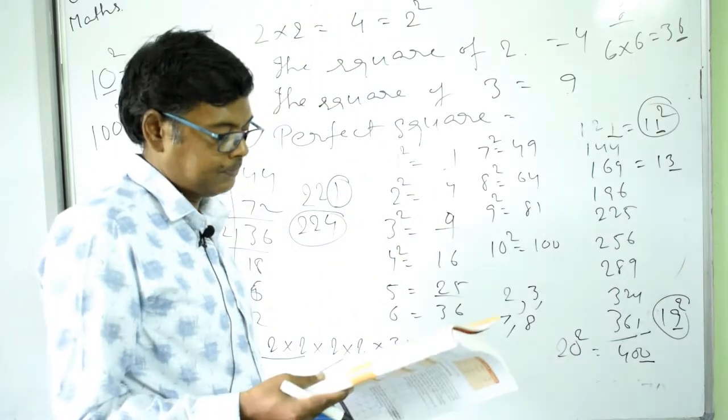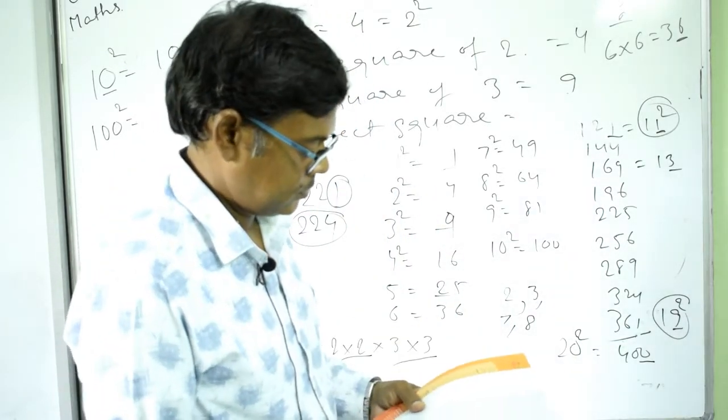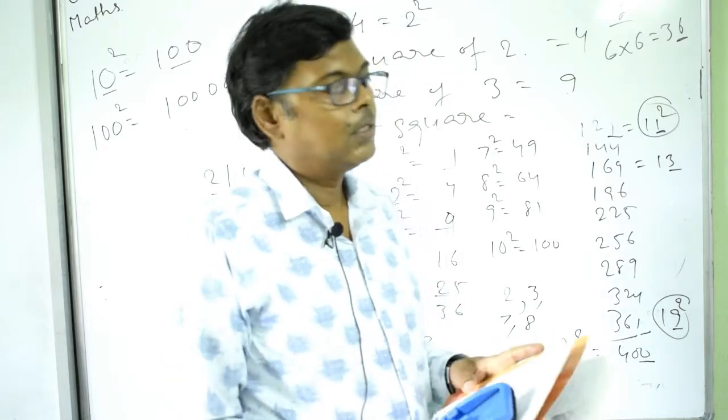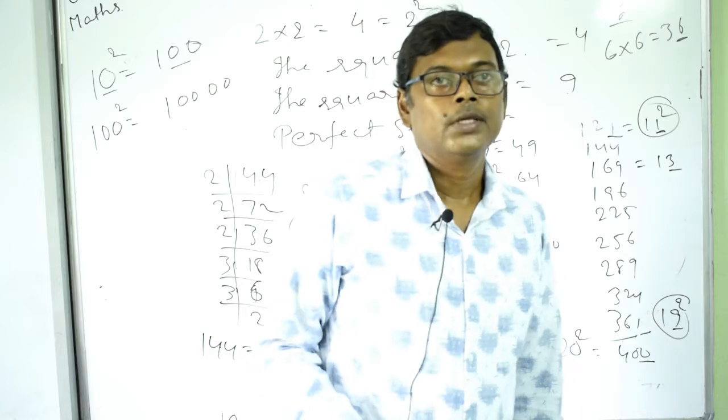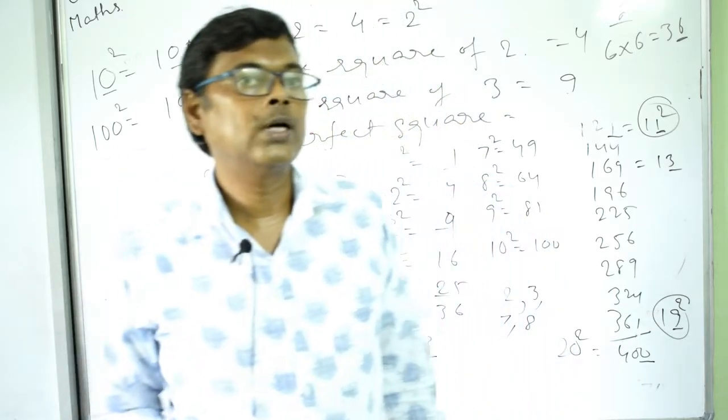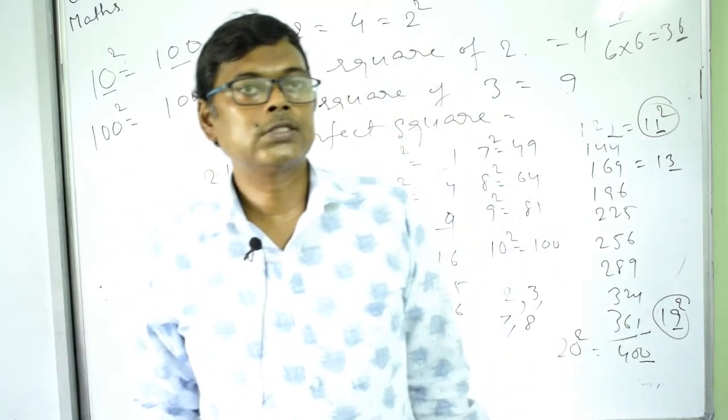Now the next property: the square of any natural number is equal to the sum of the first odd natural numbers.